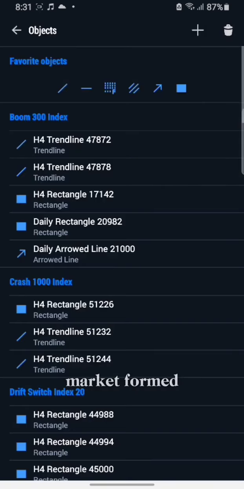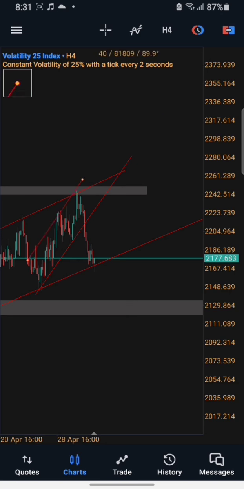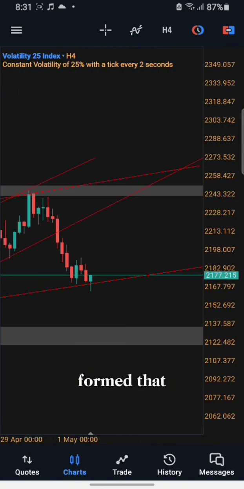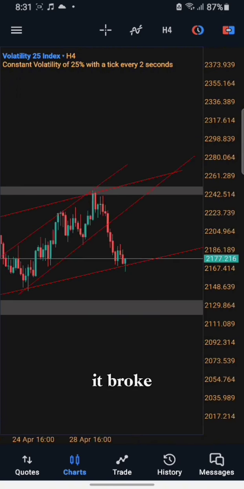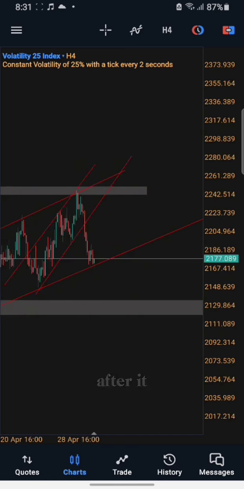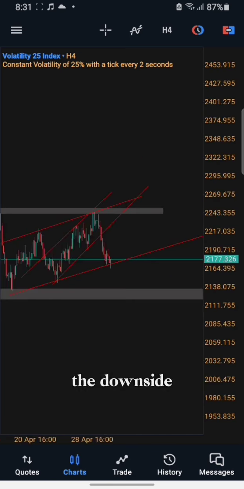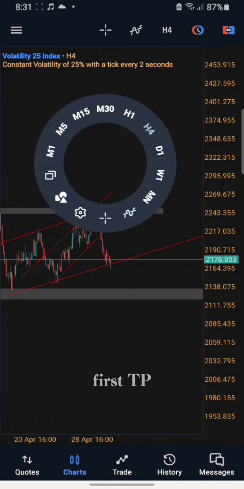So the market formed another trend inside that trend line. So this is important to note. As you can see, when it formed that trend line, it broke to the downside, and then after it had broken down, it then went to reach that first TP.